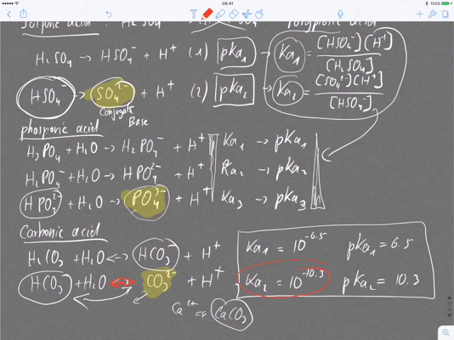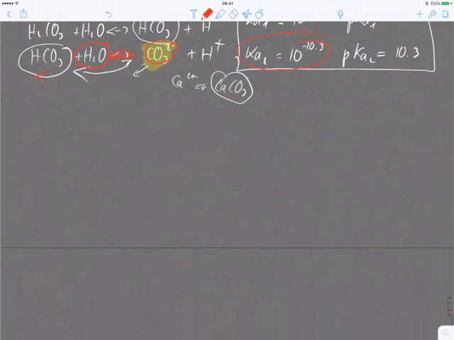That means in this case, a carbonate can actually take H plus from the water to form bicarbonate. The sulfate will not be able to grab an H plus from the water to form HSO4 minus.